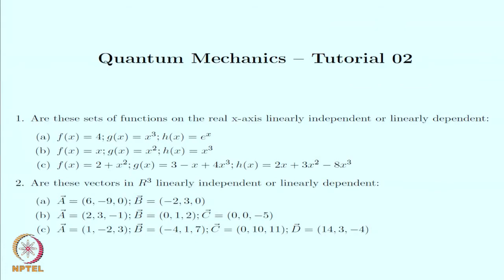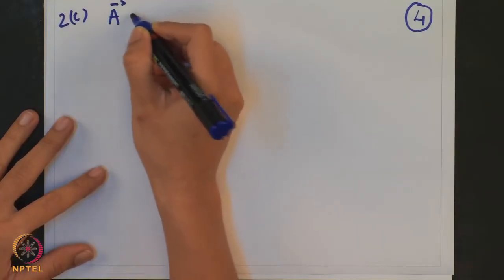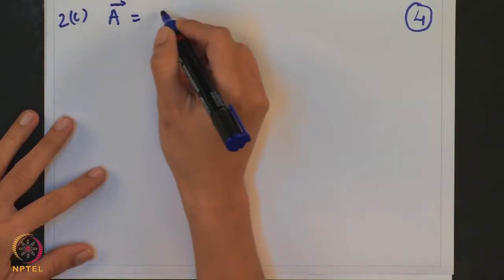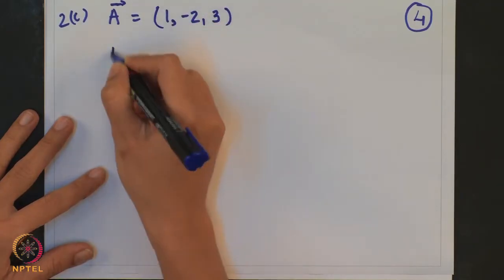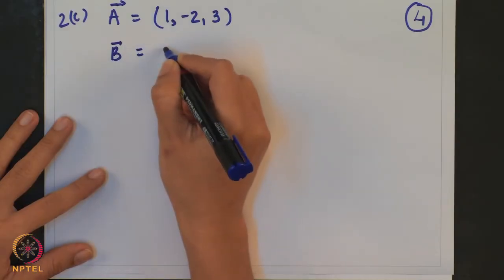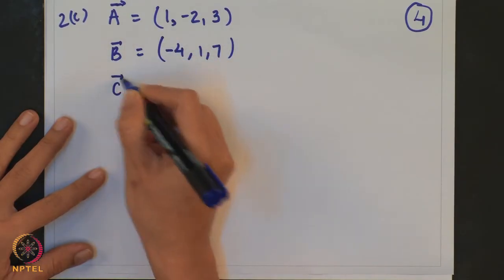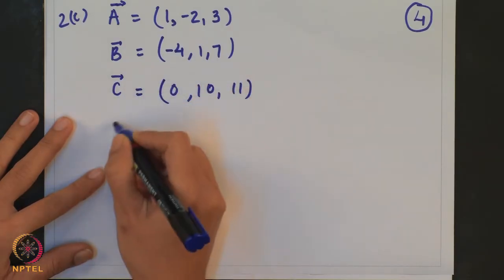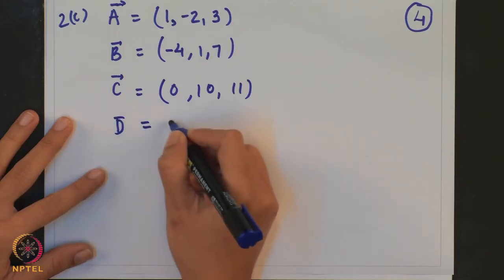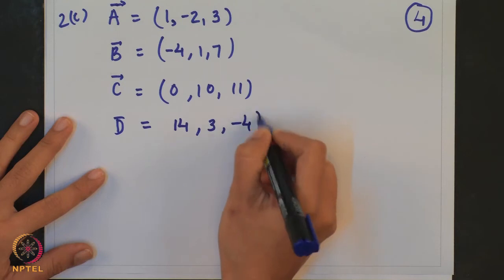The same exercise goes for the last problem. It will be a little lengthy but not difficult, so you can just try this out. A, in the same manner as I did, is 1, 2 and 3, B is -4, 1 and 7, C is 0, 10, 11 and vector D is 14, 3 and 4.